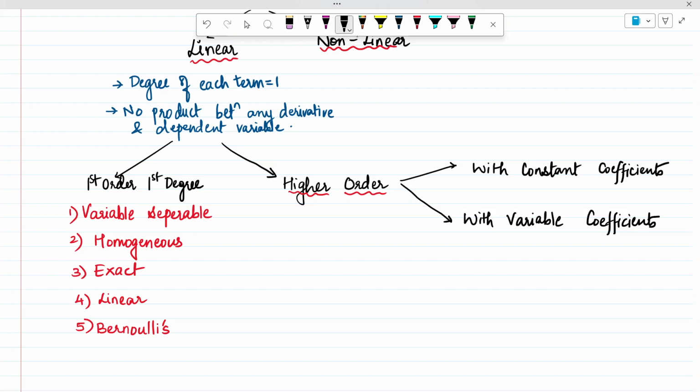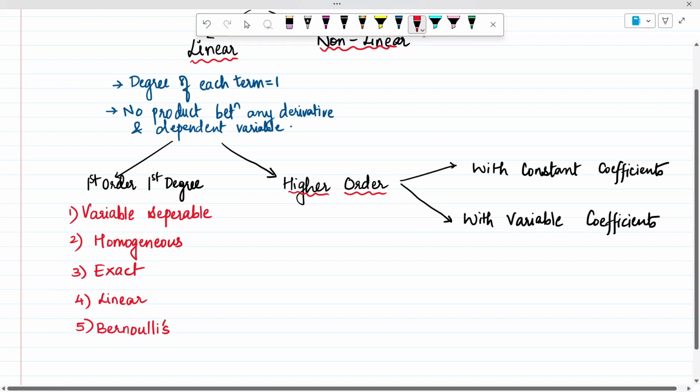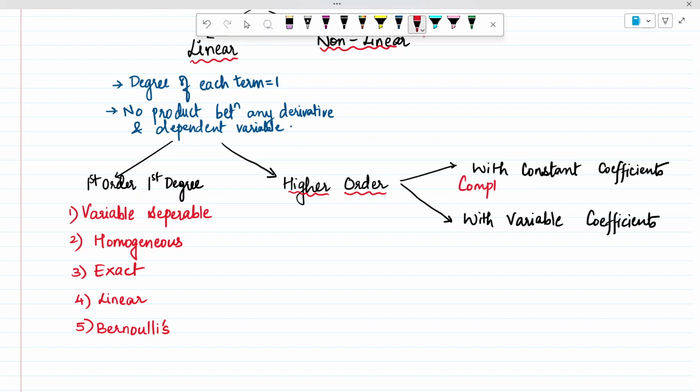Now, in the constant coefficients case, we had two different steps of solving. First, we found the complementary function, and second, we found the particular integral.